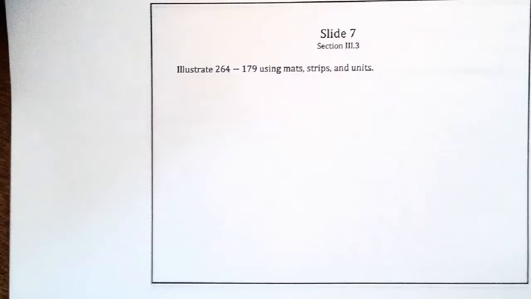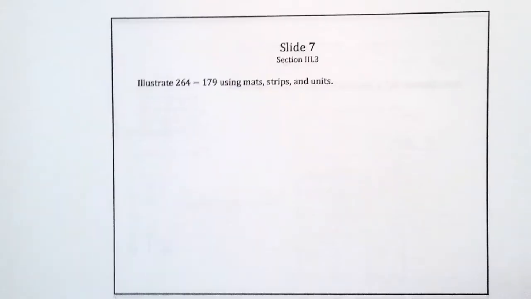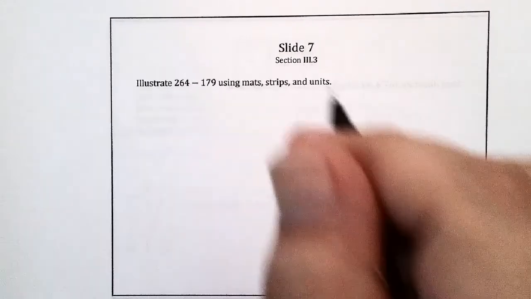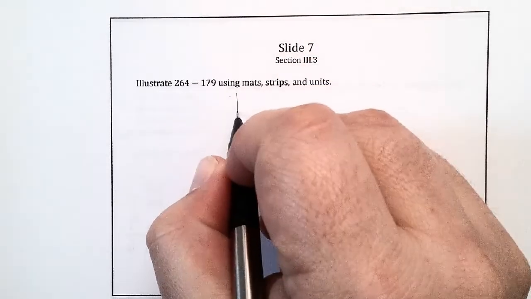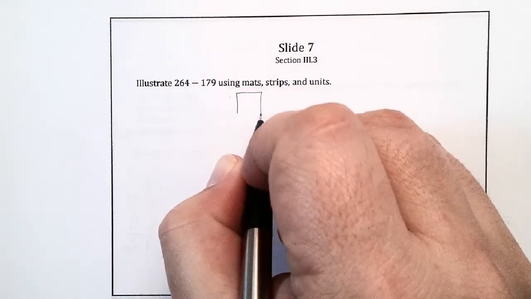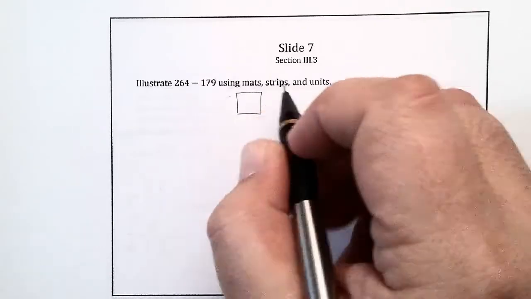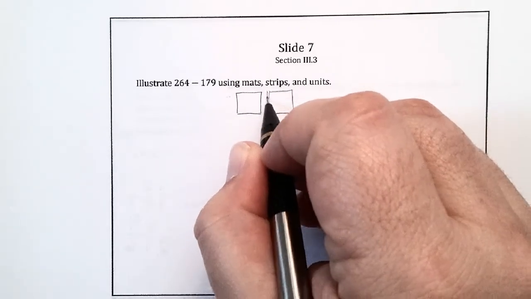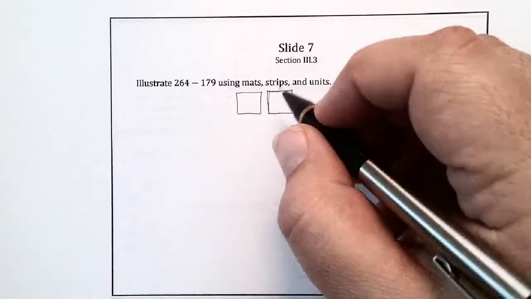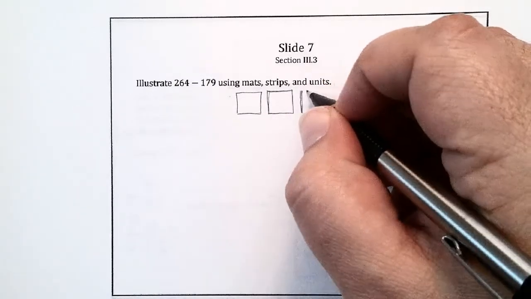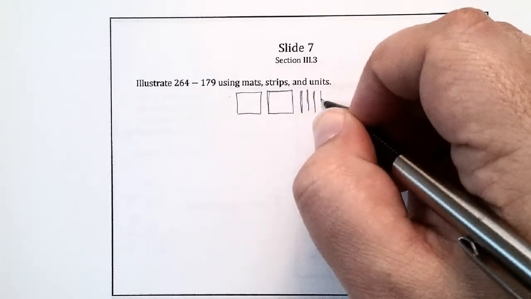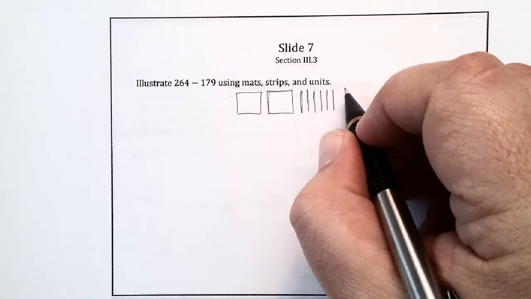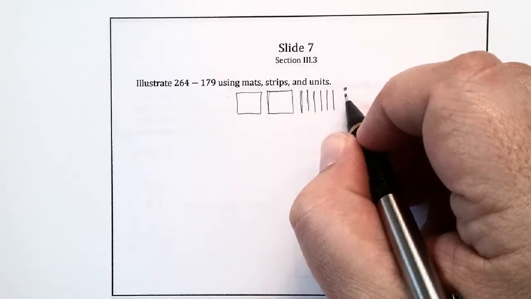Let's begin by illustrating 264 minus 179 using mat strips and units. I begin by illustrating the number I'm subtracting from. Just 264. So there are two mats and 6 strips and 4 units.